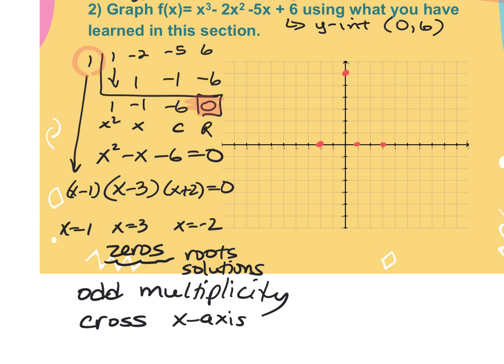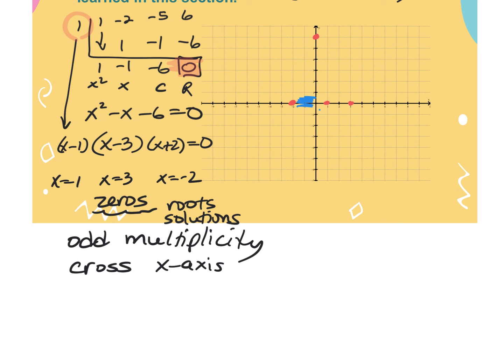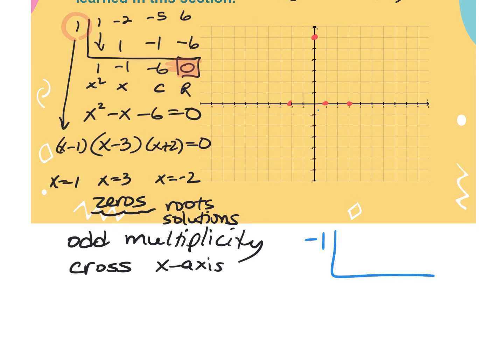So if I'm not using a graphing utility, I am going to look for an additional point in between the y-axis, my y-intercept, and this 0. So I'm going to be doing synthetic division with -1 to get an additional point. Then I'm going to do another synthetic division because I need to get another point in between these two.